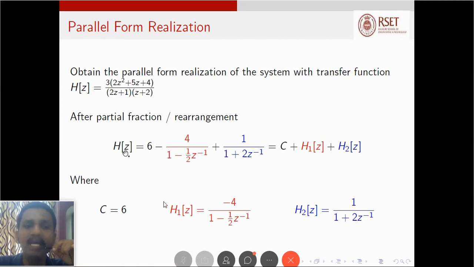You will get the transfer function H of Z will be like this: 6 minus 4 divided by 1 minus 1 by 2 Z inverse plus 1 divided by 1 plus 2 Z inverse, which means you can arrange C plus H1 of Z plus H2 of Z, where C is equal to 6, this constant, H1 of Z is equal to minus 4 divided by 1 minus 1 by 2 Z inverse, and H2 of Z is equal to 1 divided by 1 plus 2 Z inverse.